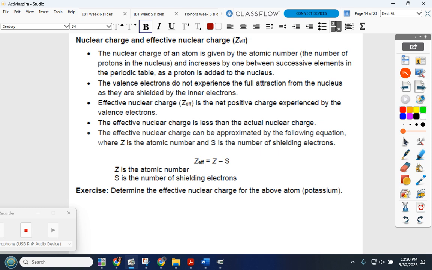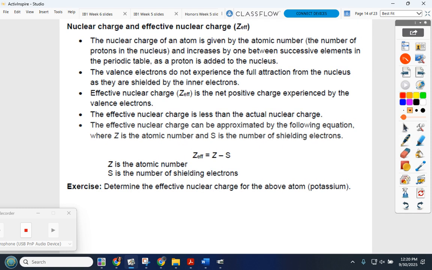We take the atomic number, the number of protons in the nucleus, and we subtract the number of shielding electrons, which is going to be our core, not valence electrons. So you're only going to count the electrons that are not in the valence shell as shielding electrons. And you're going to end up with a number, okay?